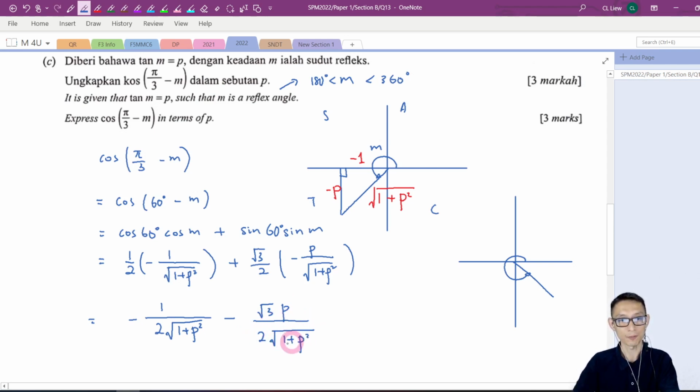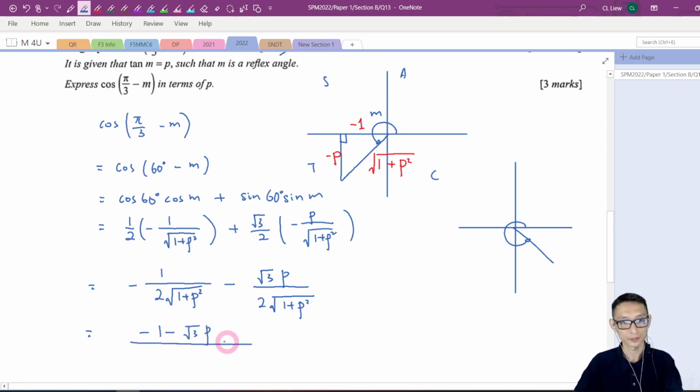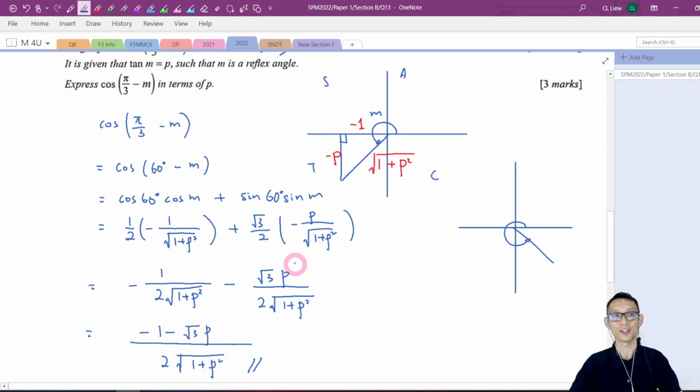Okay, let me double check. Now they have the same denominator, right? Okay, then it will be easier. Just combine them together. Okay, this is the answer for this question.